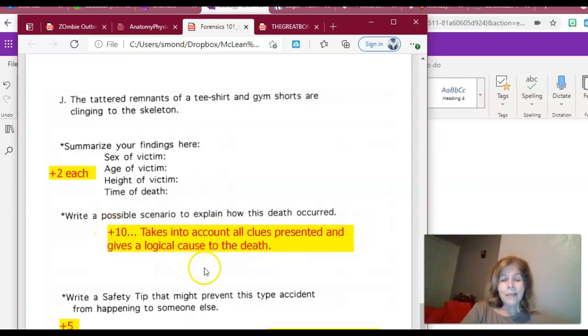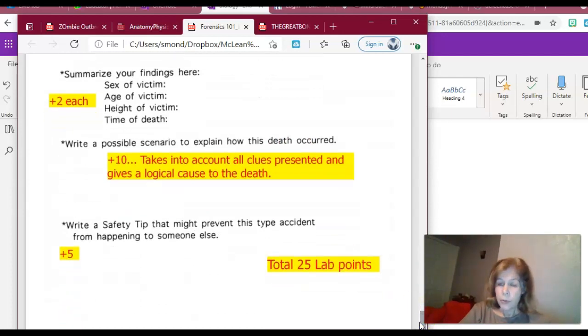Then, because this is the part that takes the thought work in piecing together, you get 10 points for the scenario that takes into account all the clues presented and gives a logical cause of death. And then your safety tip is +5, which gives you a total of 25 lab points. Hope you enjoy investigating.